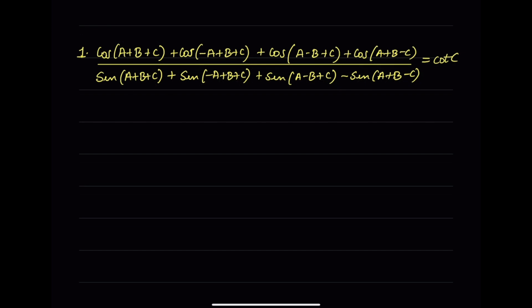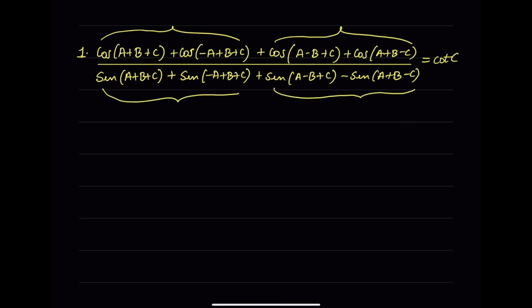In the first one, what we'll do is group two terms so that we can apply the formulas of cos C plus cos D, sin C plus sin D, and sin C minus sin D. Cos C plus cos D is equal to 2 cos of (C plus D)/2 times cos of (C minus D)/2.